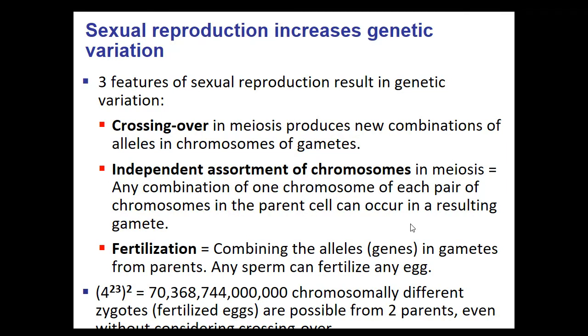So every sperm and egg you make is going to be different. There's an infinite number of different combinations of genes from your chromosomes that could end up in each sperm or egg that you produce.